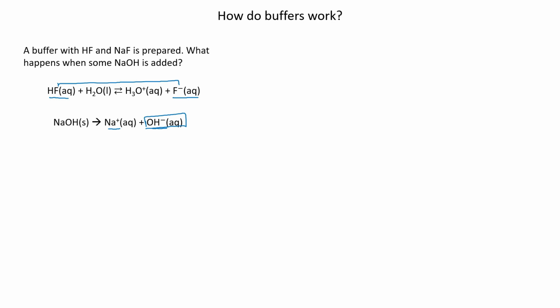If I am going to neutralize this hydroxide so I don't change my pH value, I need an acid to neutralize this base. Well, going back to my acid-base conjugate pair, which one of these is going to come and neutralize my hydroxide? Again, I need an acid, so I'm not going to choose my conjugate base. That's not going to neutralize another base, but my weak acid will neutralize my base.